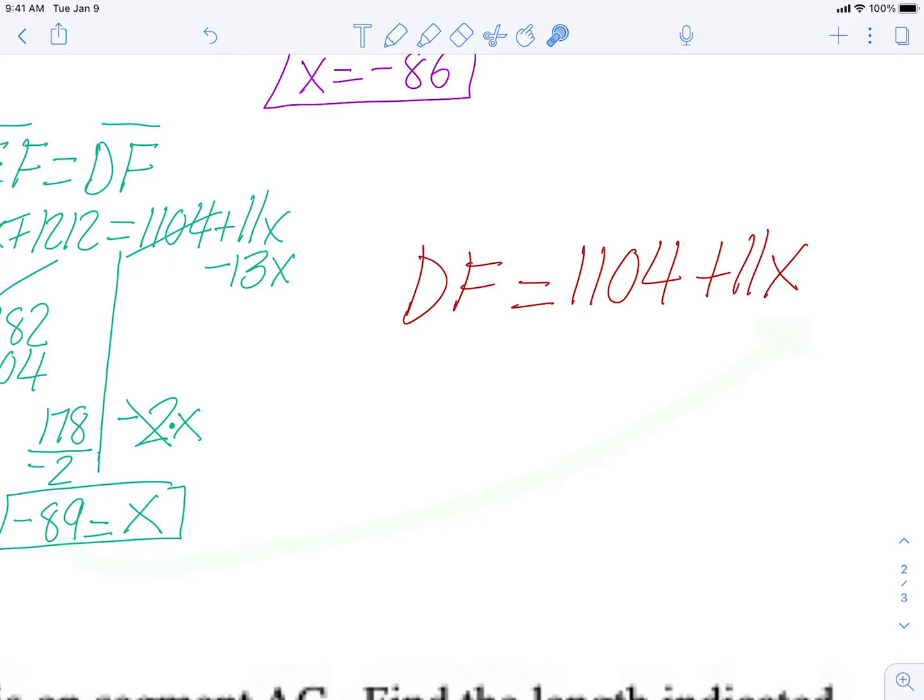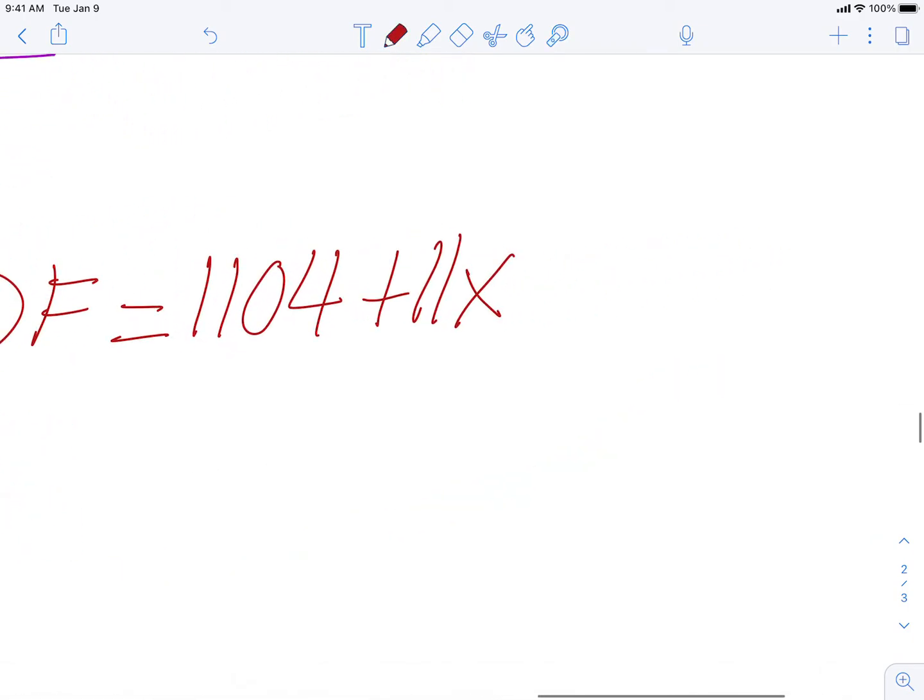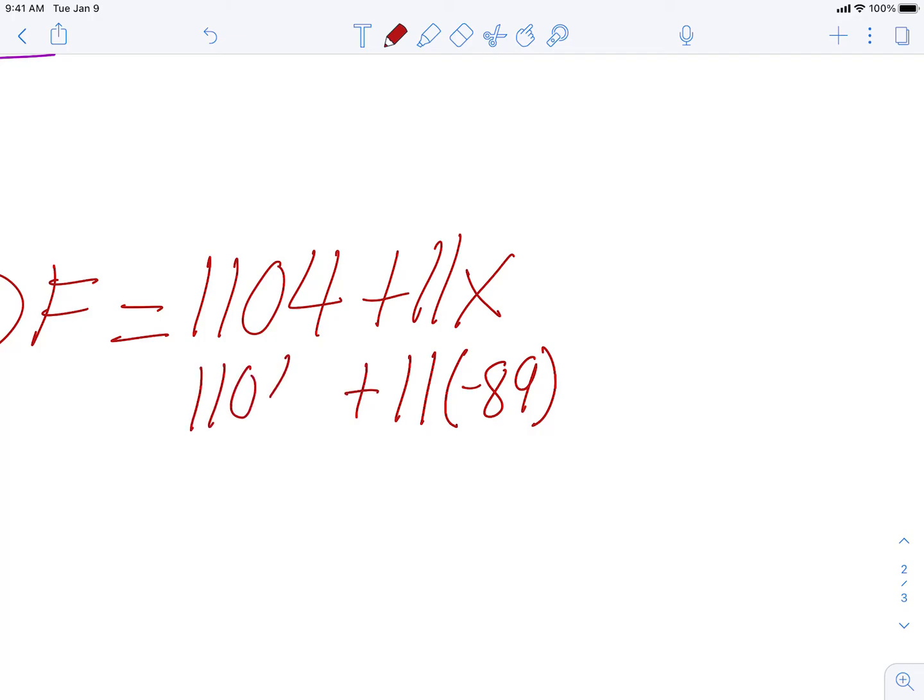So I could put negative 89 right here, just like that, and bring down everything else. It's going to be a big number. So a positive 11 times 89, let's see. 11 times 89 is equal to 979. A positive times a negative is a negative. And I bring down my 1104.